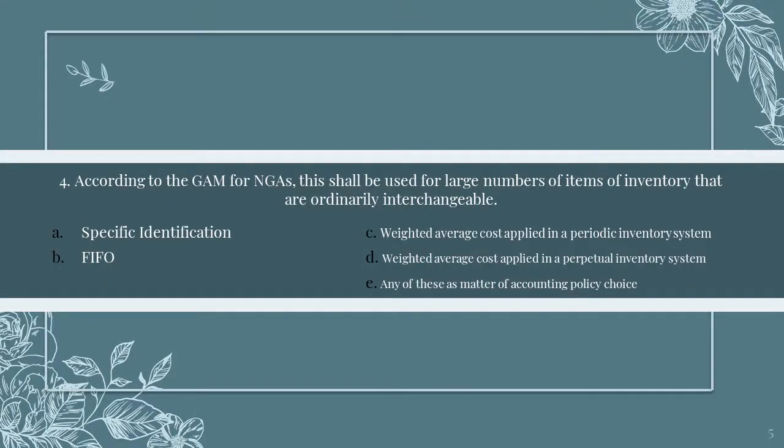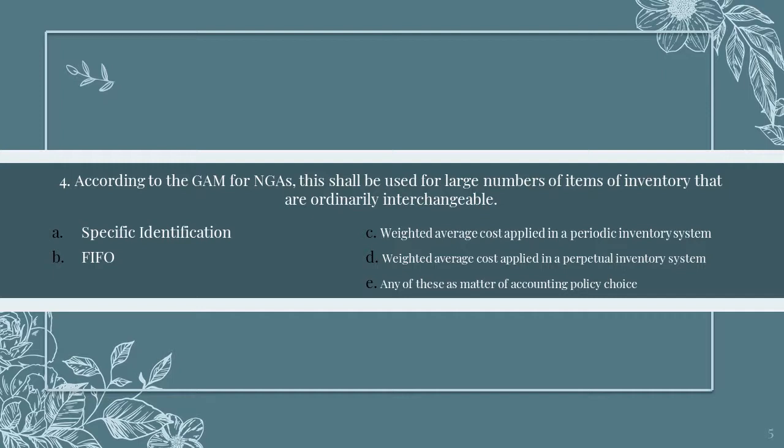So for number 4, according to the GAM for NGAS, this shall be used for a large number of items of inventory that are ordinarily interchangeable. Letter A, specific identification, B, FIFO, C, weighted average cost applied in a periodic inventory system, D, weighted average cost applied in a perpetual inventory system, and E, any of these as a matter of accounting policy choice.